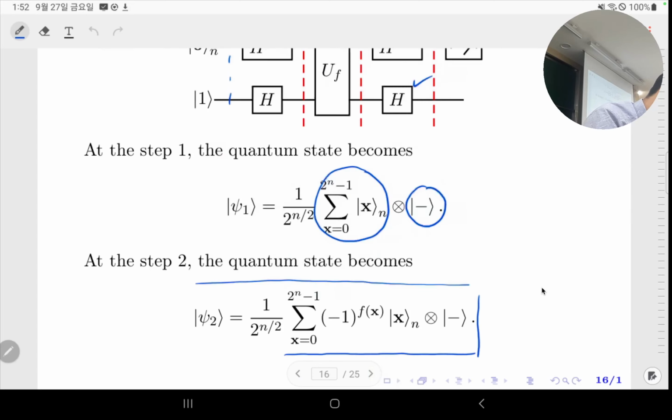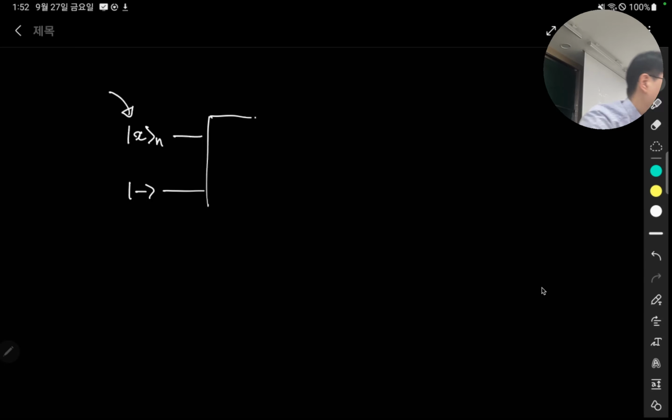So let me put it here. As I said, you have x, and you have the minus state as an output. Here I'm assuming my x in this notation is simply a base state, one base state, and I want to put that into the quantum oracle.